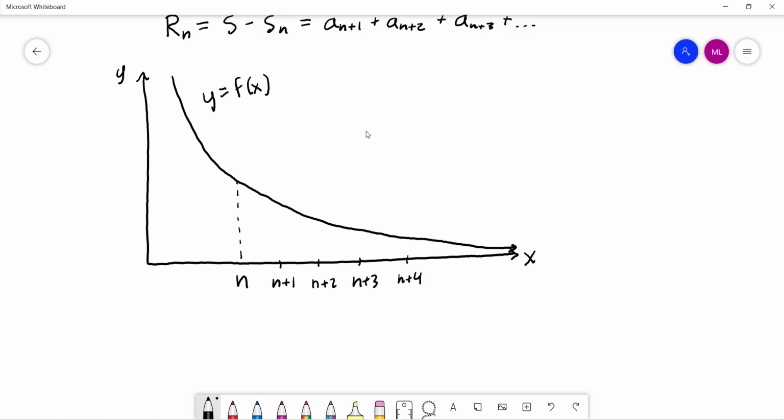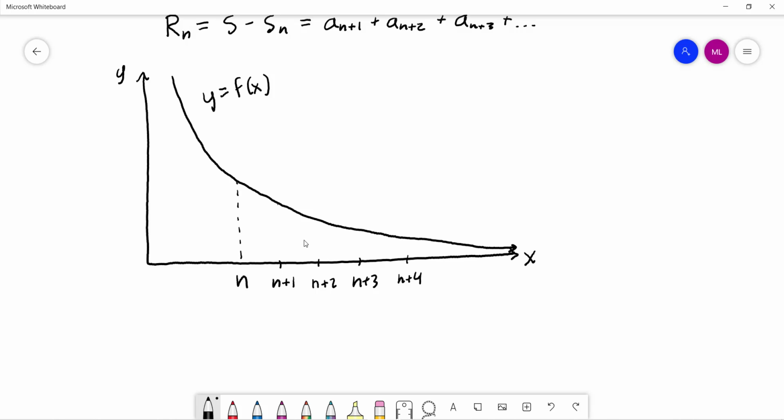So before, we drew all of these rectangles like this underneath the curve. All I'm going to do now is shift every single one of these rectangles over to the right. So I'm still going to have the same picture of rectangles, but they're going to change where they get drawn relative to the curve.